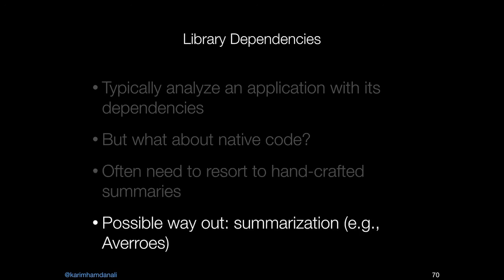One other possible way is library summarization, and we have seen this in our call graph hands-on lecture when I talked about Averroes, but there is a large number of summarization techniques out there in the literature that other researchers have developed as well. One student in my group is also working on that, David Sikas. He's working on trying to summarize library dependencies so that we can scale up program analysis to large code bases.